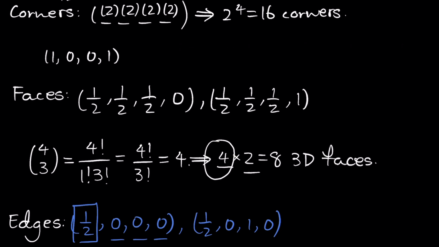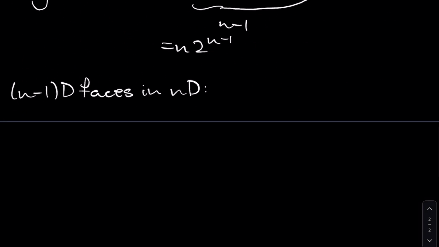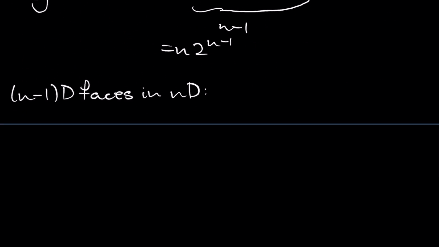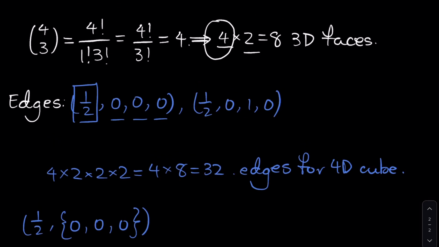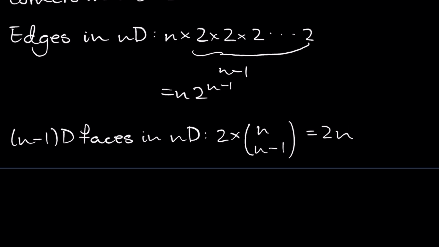Because ultimately we're going to be ending with one remaining component, which can take up two values. So for n minus 1 D faces in nD, we can have 2 times this combination. Well, this combination is basically n choose n minus 1, but n choose n minus 1 is always n, so this is 2n. This is the number of n minus 1 D faces in n dimensions, 2n. Which is pretty beautiful, right?